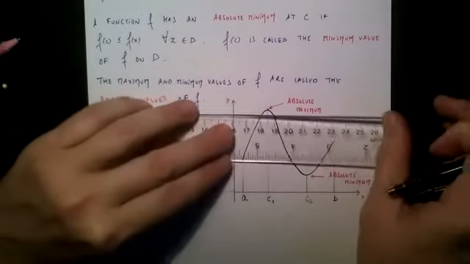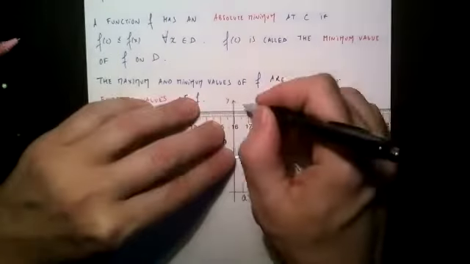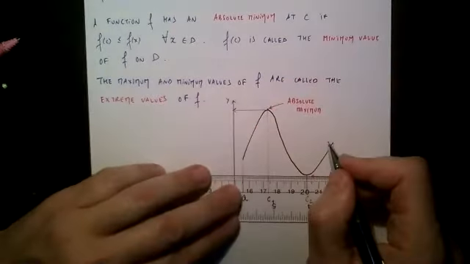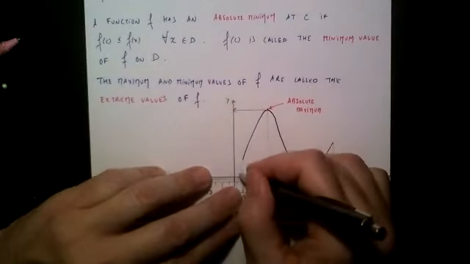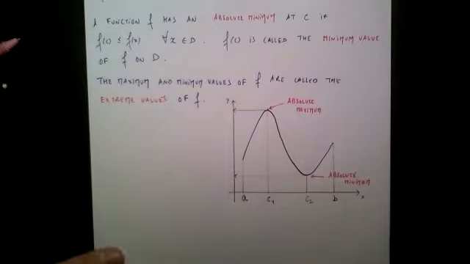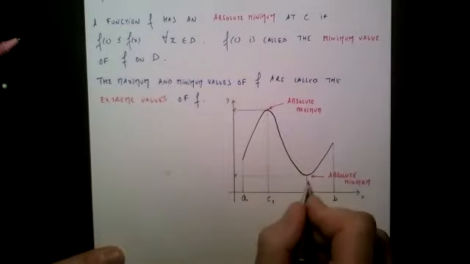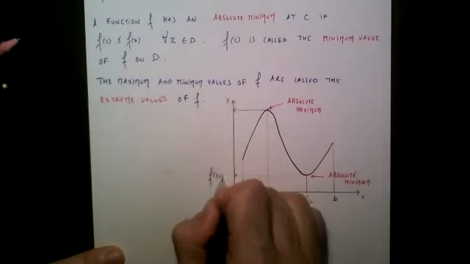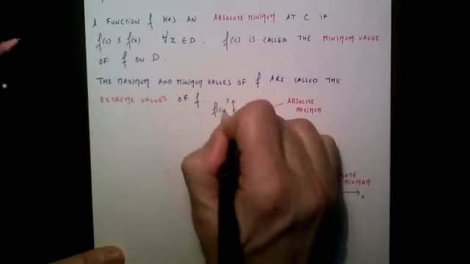Okay, now this value here of y, and this value here of y. Okay, so this is f of C2, and this is f of C1.